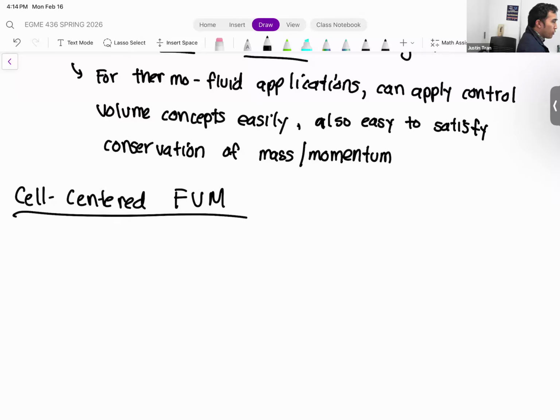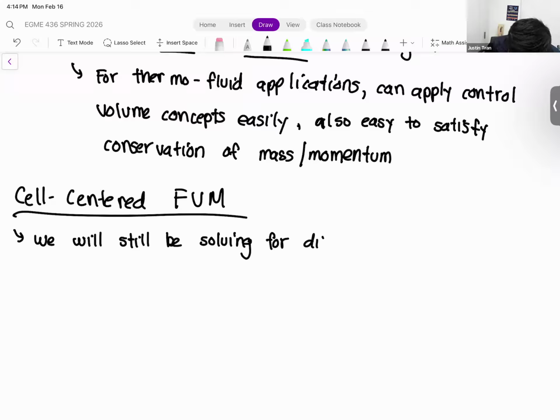So now that we're shifting our focus to the cells in our grid, that begs the question of how we are going to solve our equations. Finite volumes and finite differences are similar in the sense that we are still going to be solving for discrete values for the solution. Eventually we still obtain an algebraic system of equations to solve for a finite number of unknowns.